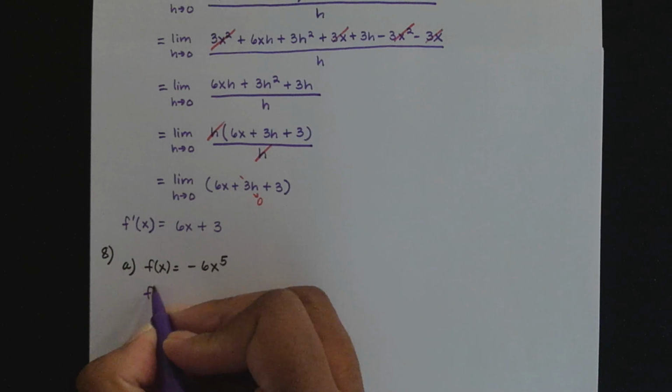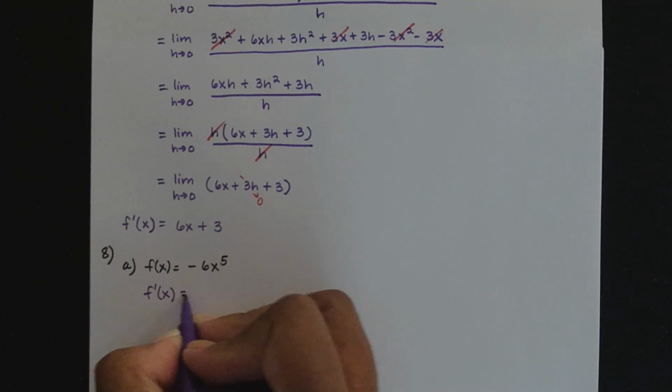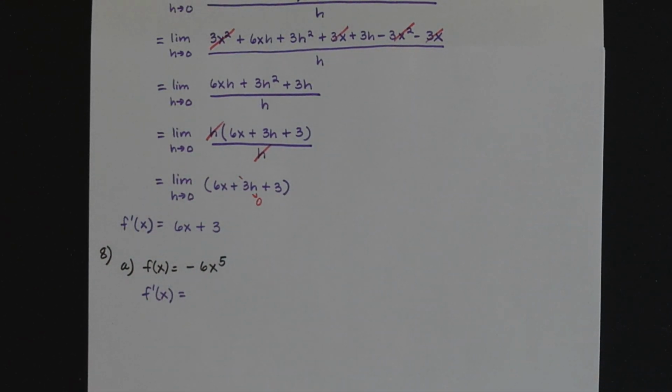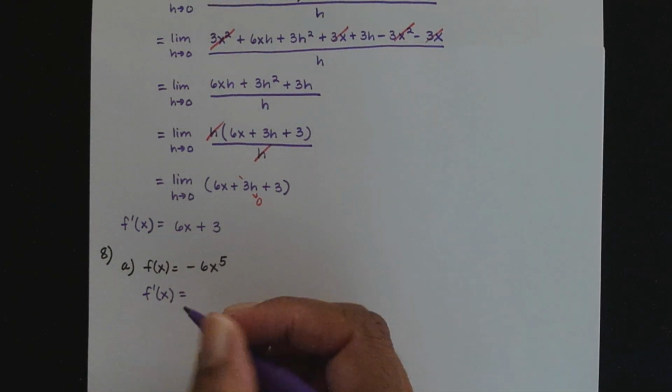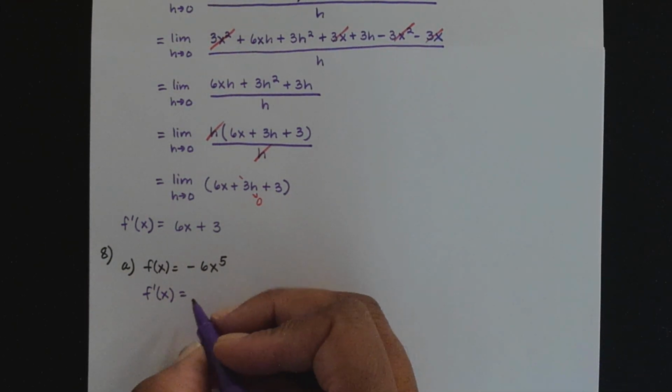And we want to find out what f prime of x is. Okay. Now we can use the power rule to take the derivative, and also that constant multiple rule as well.